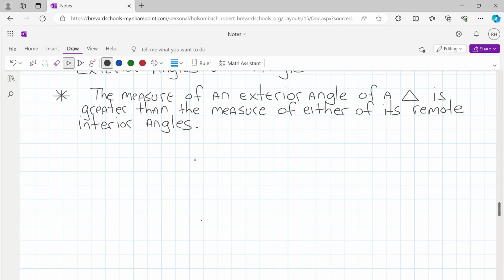So let's look at this triangle here. In this triangle ABC, we've got 1, 2, 3, 4 angles.